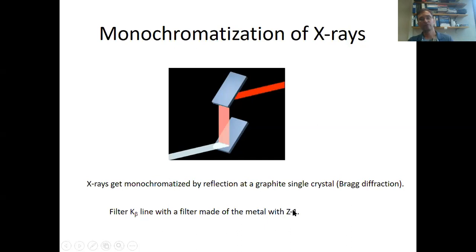This metal has good absorption capabilities for the K beta radiation. If you want to filter out the K alpha 2 from the K alpha 1 radiation, you can do this with a graphite single crystal using the principles of Bragg diffraction. You can then use the reduced K alpha 1 radiation for your X-ray diffraction experiment.